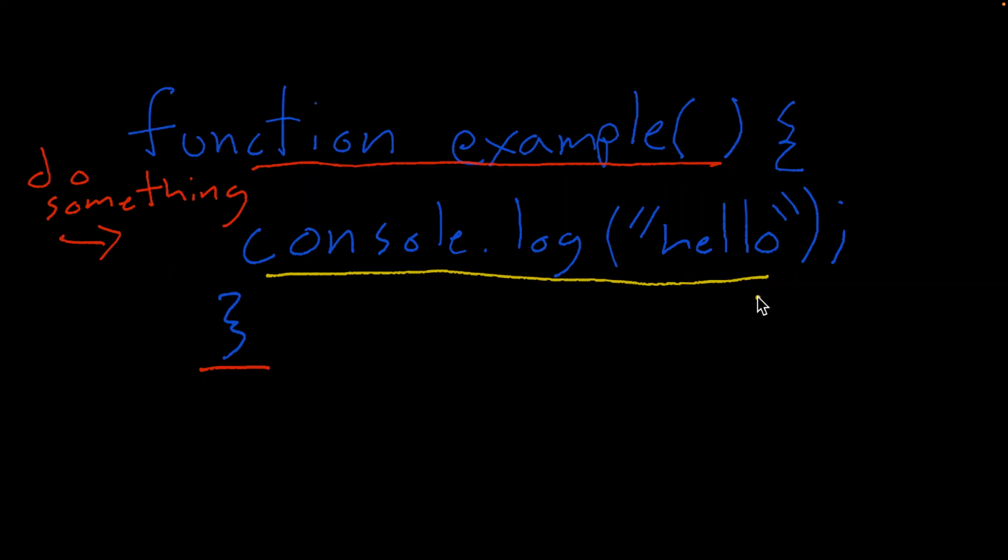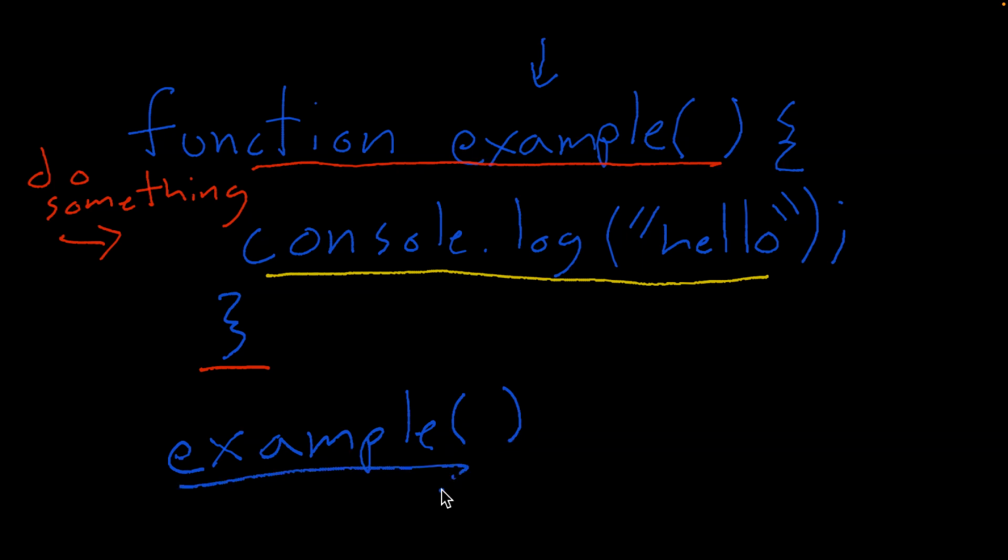Unless you have some extremely smart microwave, that's not going to happen. What we need to do is press the start button. So how do we do that? We call the name of the function right here. We say example, and then parentheses. This will start the function. This is the start button, the power button.